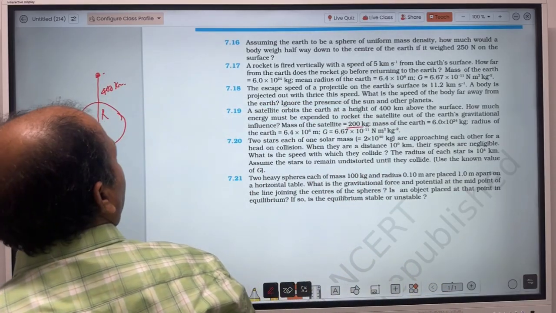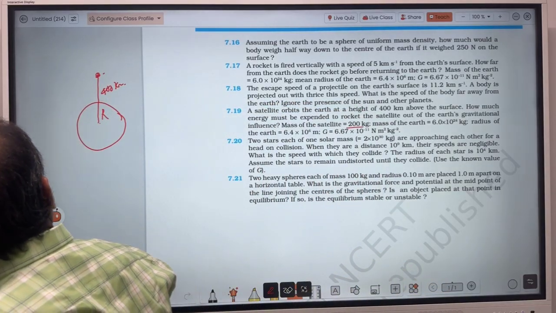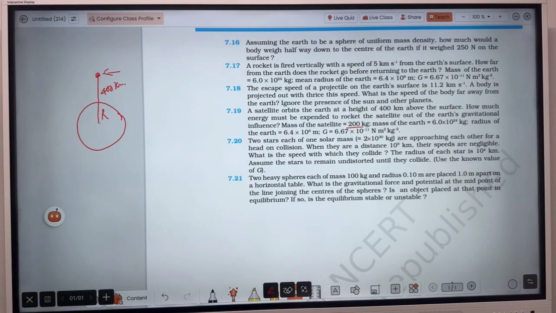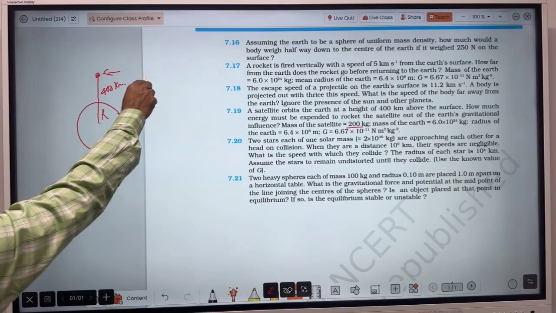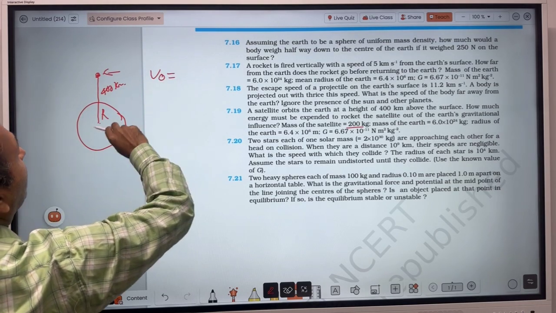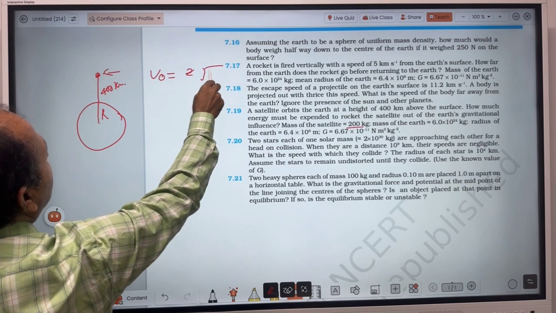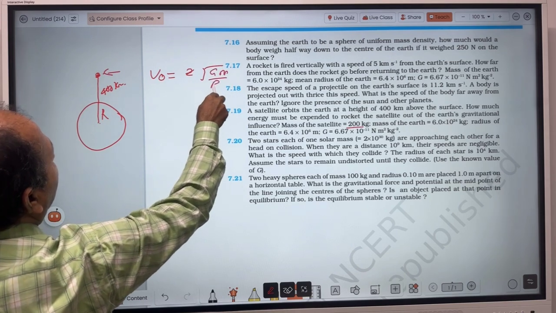So we can find energy. So at this point, what is energy? And one more thing, since it is moving, it will have kinetic energy with orbital velocity VO, and VO will be just root of GM upon R plus H.